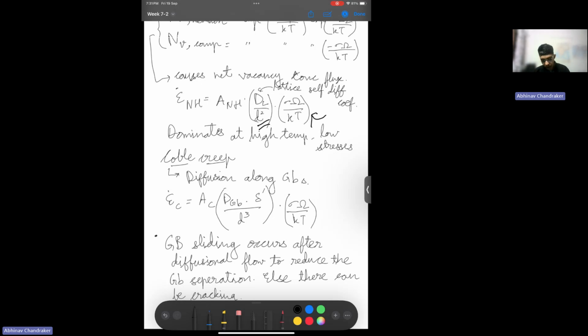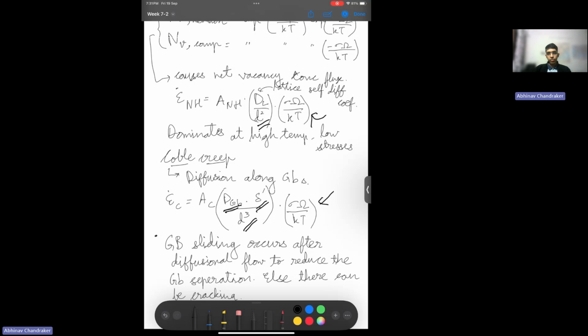So comparatively lower temperatures will lead to dominance of Coble creep due to diffusion along grain boundary, and it will also have a similar equation, just that you will have a change in this activation energy because the mechanism has changed. There will be some term related to grain boundary volume or thickness of grain boundary, and then you will have a cubic dependence on the grain size. So it will be much more sensitive to grain size compared to NH creep.